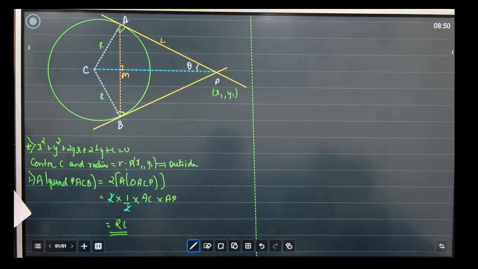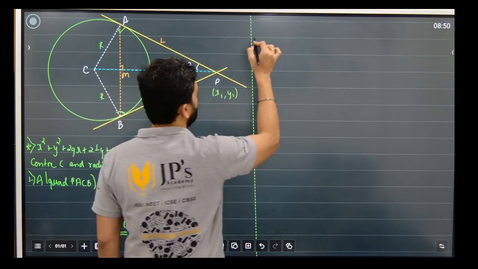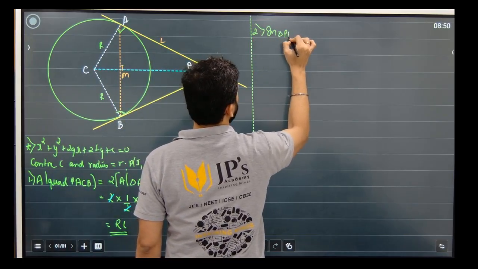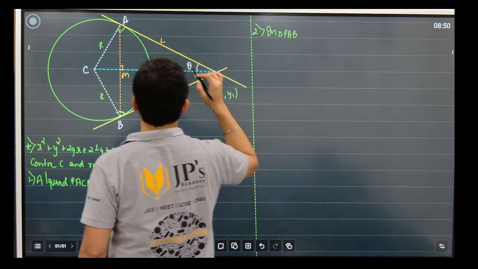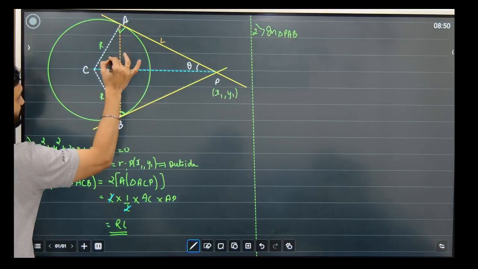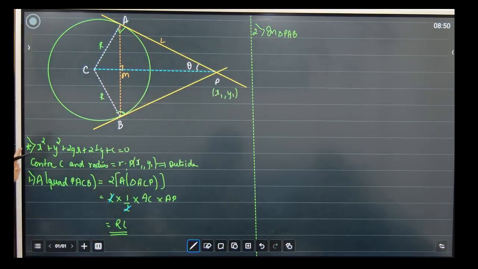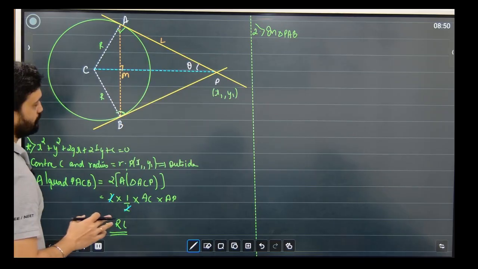Now look at triangle PAB. PA is also your tangent.